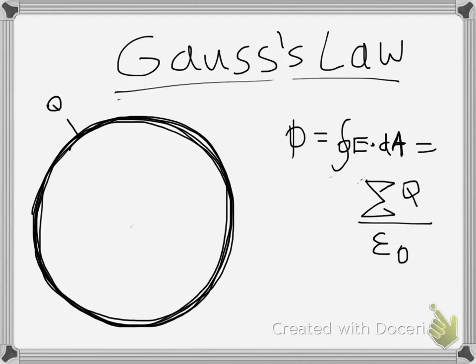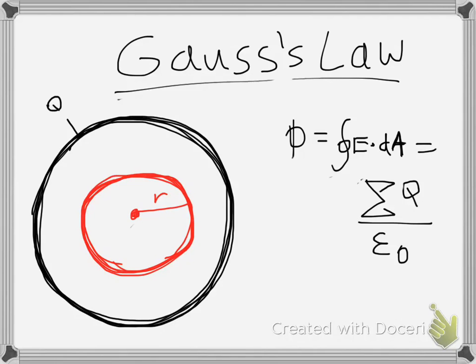Now let's talk about finding the electric field a distance little r inside the sphere. There's a smaller sphere inside this larger black sphere with the radius little r. We don't want to find the electric flux there, we want to find the electric field there.